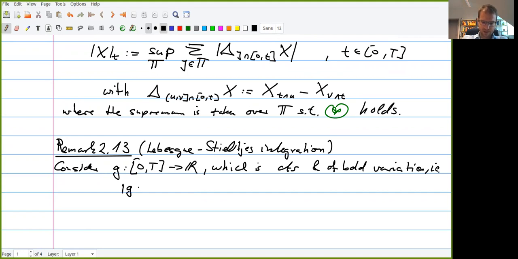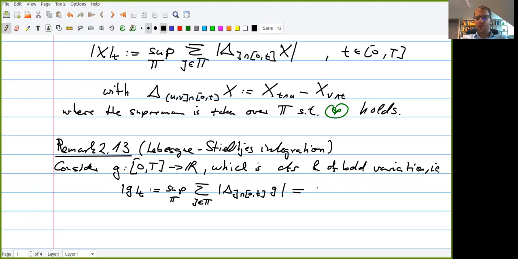So this means if I look at X_t, which was defined as before, just in terms of g, we take the supremum over all partitions, then we sum up over all the intervals in the partition the increments of g.